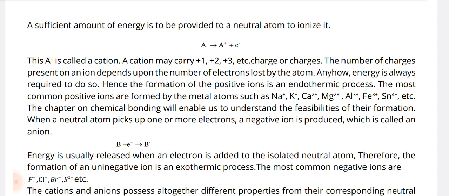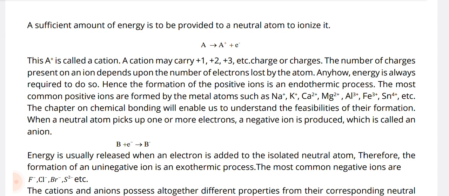The most common positive ions are formed by the metal atoms such as sodium Na+, K+, calcium, magnesium, aluminium, iron, etc. The chapter on chemical bonding will enable us to understand the feasibility of their formation.